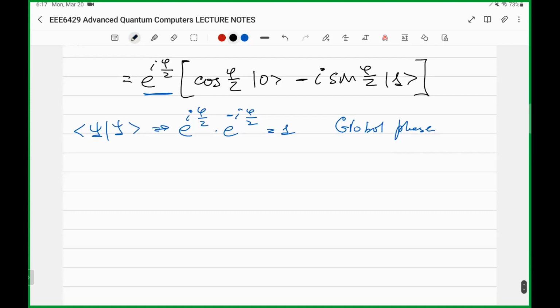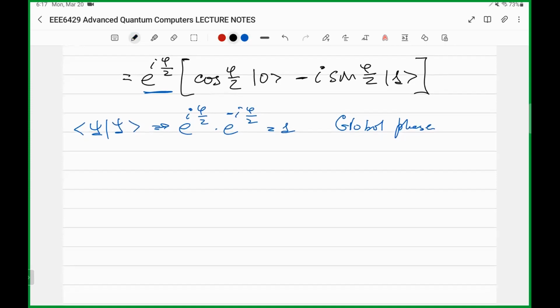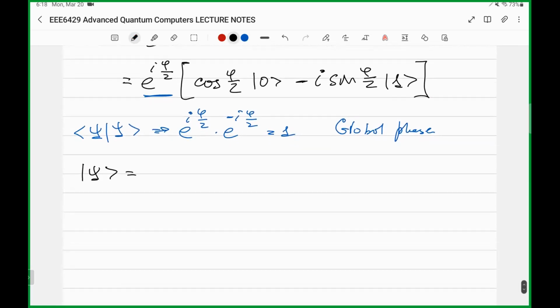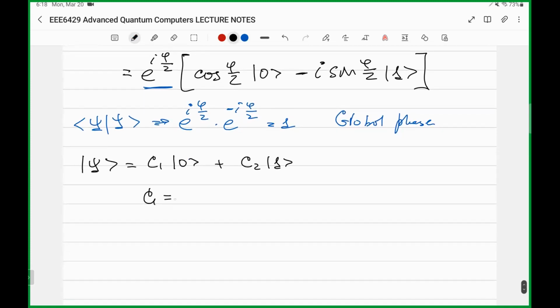And for this result, we can now write this. We can parameterize this as C1 state 0 plus C2 state 1, where C1 is nothing but cosine phi over 2, and C2 is nothing but minus i sine phi over 2.